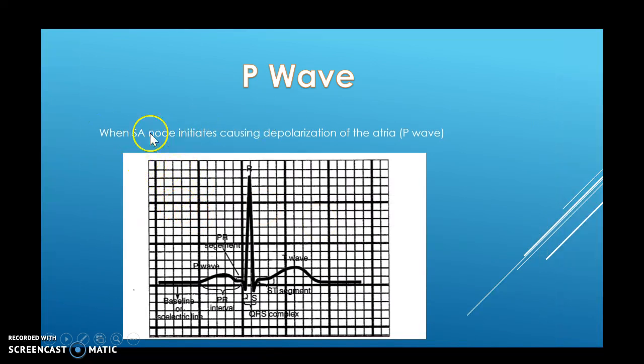The P wave is when the SA node initiates, causing depolarization of the atria. So if you remember, think back, what was depolarization? Look at your little circles. Okay. P wave represents the depolarization of the atria. Okay. And that is the very first wave.